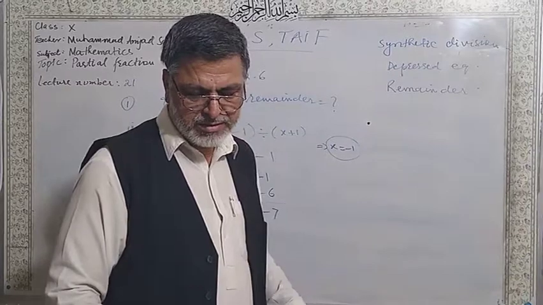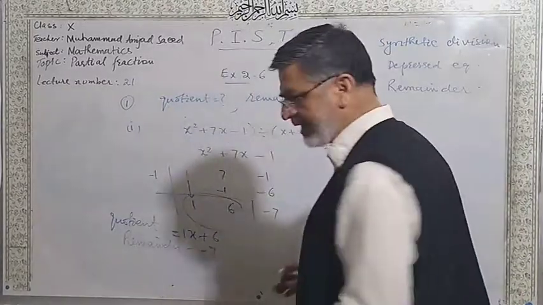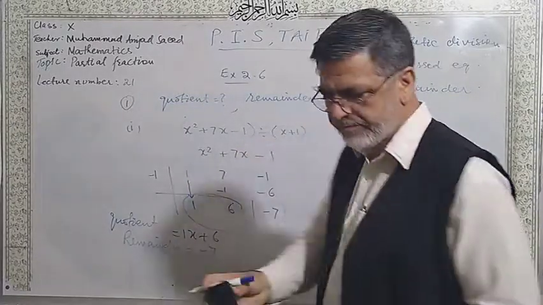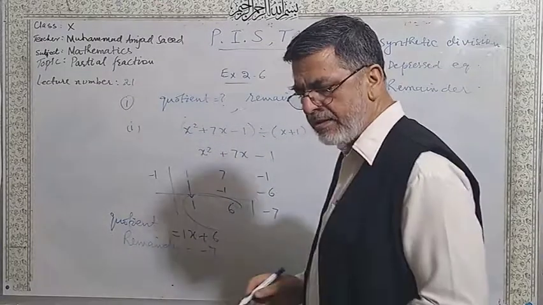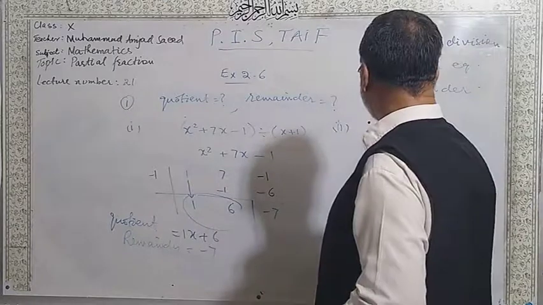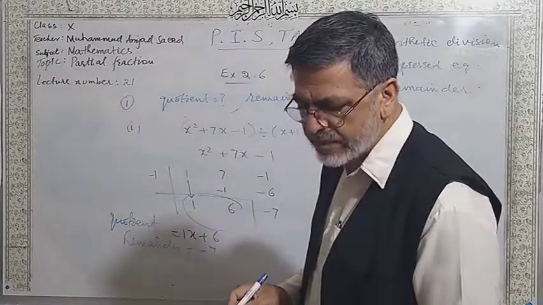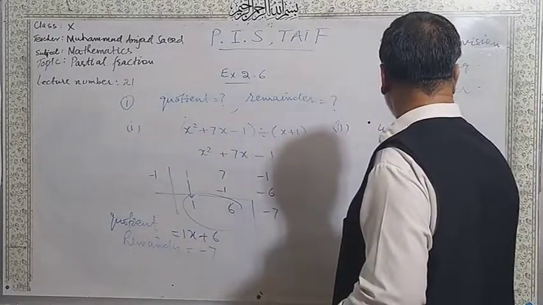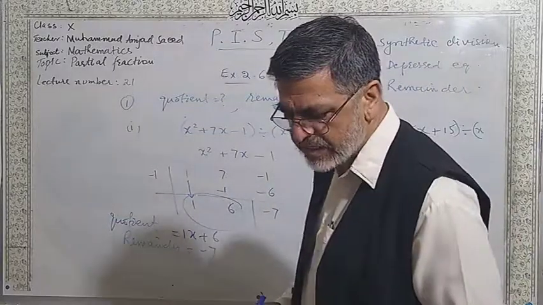After that, we are taking part number 2. Part number 2 is 4x cube minus 5x plus 15 divided by x plus 3.